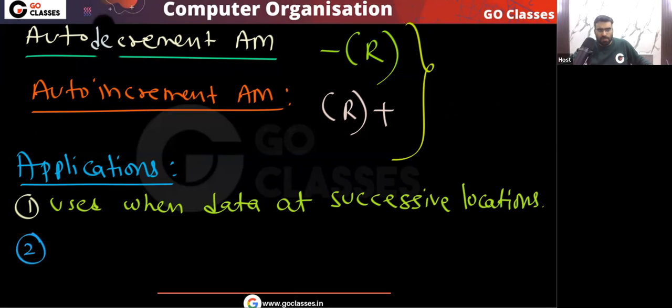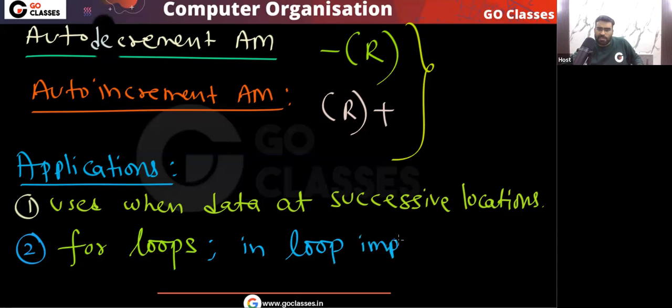Tell me, in your C language, in the high level language, when have you used pre-increment, post-increment, pre-decrement? In the loops, yes or no? For loops. Is this clear? So remember, in loop implementation, you can use it.